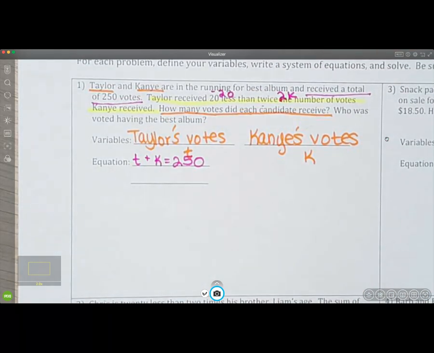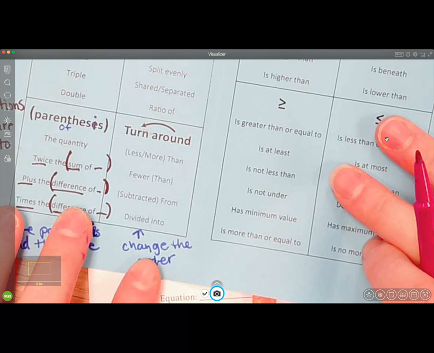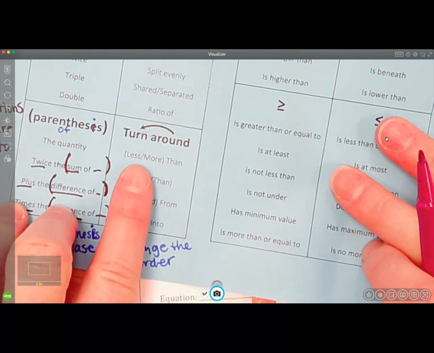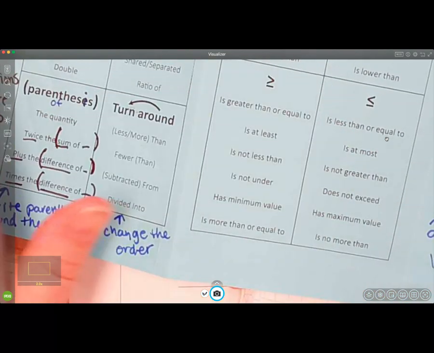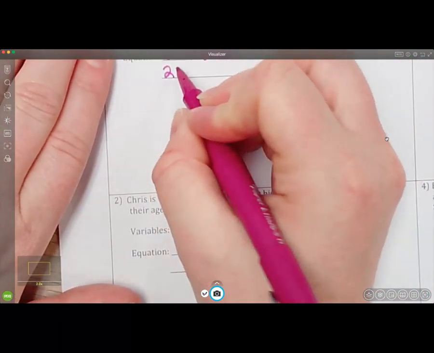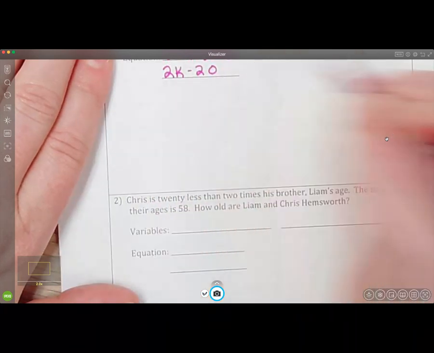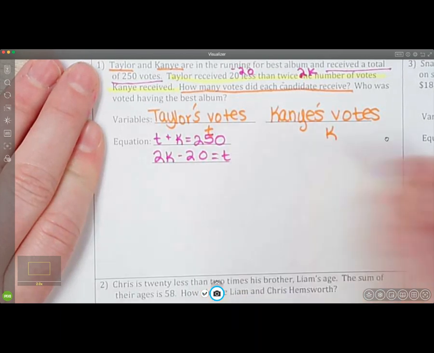Because if you're doing 20 less than something, you're actually subtracting 20 from it. That's found on page 24 of our journal. It's called a turnaround word. If we have less than or more than, you're turning them around. So we have 20 less than 2K. So that's actually going to be 2K minus 20 is how much Taylor received. So equals Taylor.